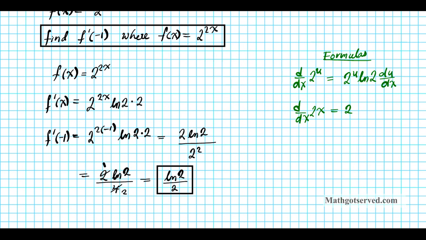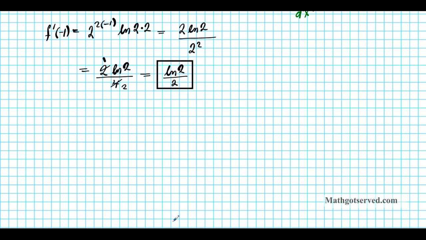Alright, let's shift our attention to question number 2. Question 2 is as follows. It's going to be a function example where we're going to make use of the product and quotient rules.